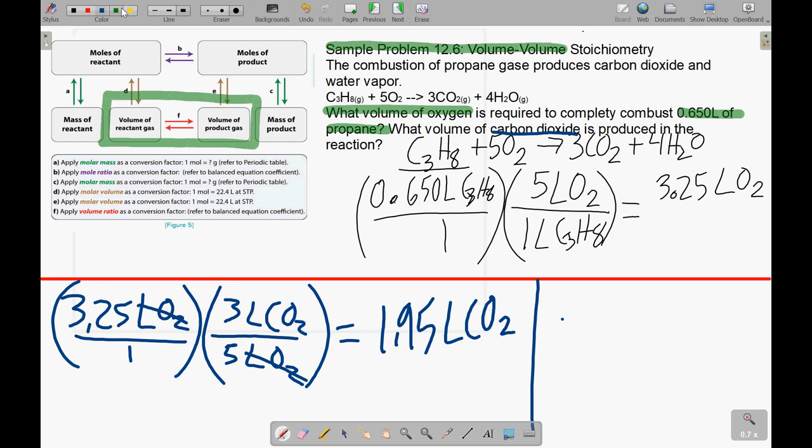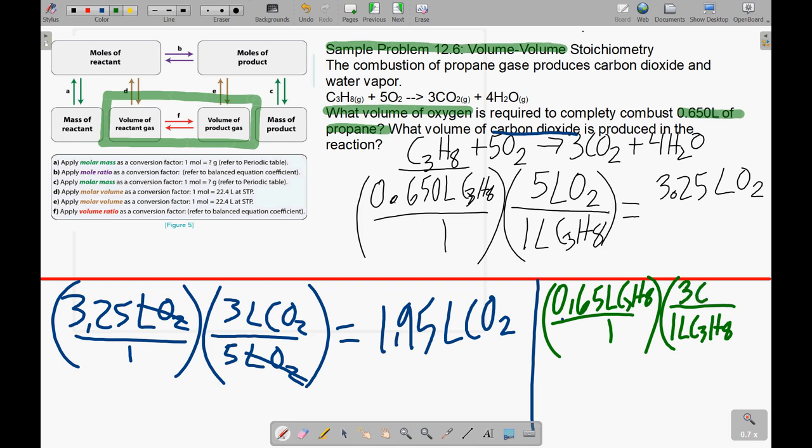Now, we could also have used the information from the original problem to solve the second part. We could say 0.65 liters of propane, and we use the volume ratio, 1 liter of propane with 3 liters of CO2 on top.